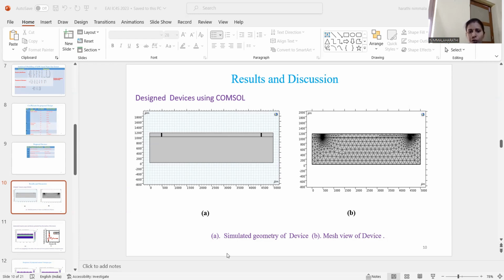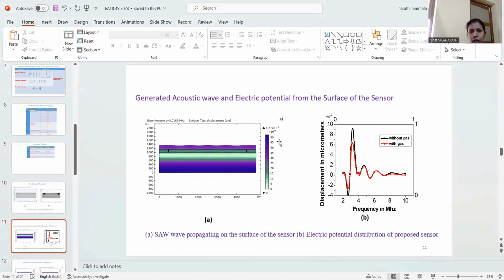So now, without the imposition of the ammonia gas, here is the response of the sensor with respect to the displacement. Here the sensor is operating at a frequency of 3 megahertz with a maximum displacement of 5.27 nanometers. And now here we can see the displacement in the presence of gas and without the gas.